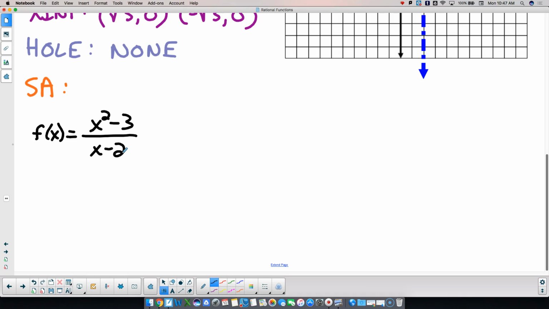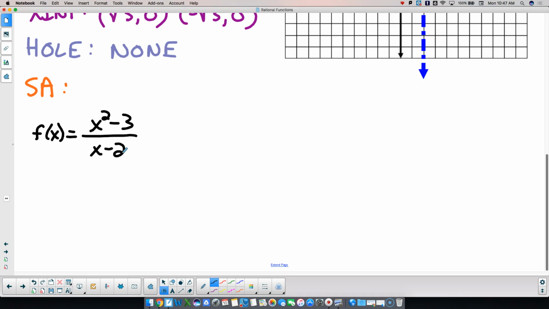Can I use synthetic division to divide this problem out? In order to use synthetic division, the denominator has to look like what? X minus or plus some number. 1x plus or minus some number, right? Do I have that scenario?